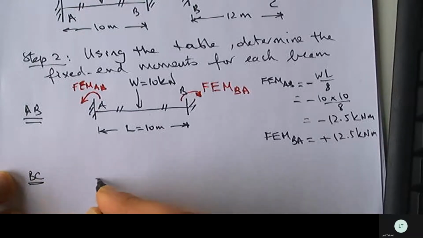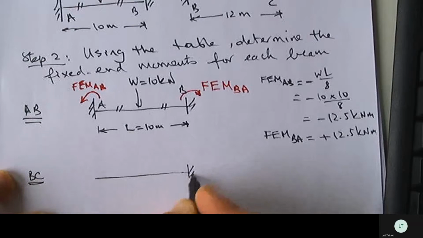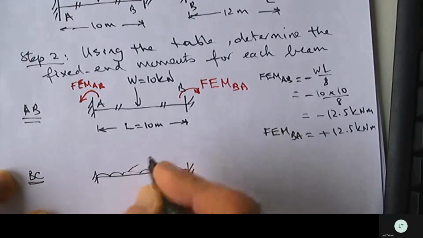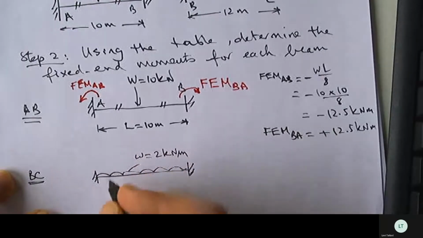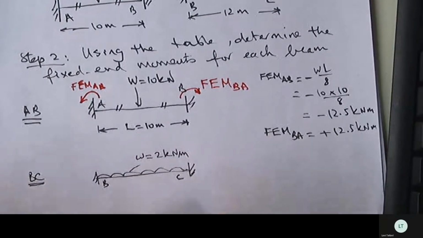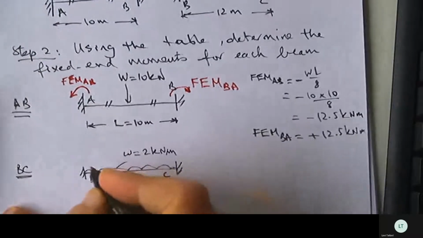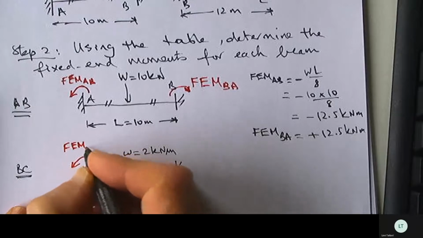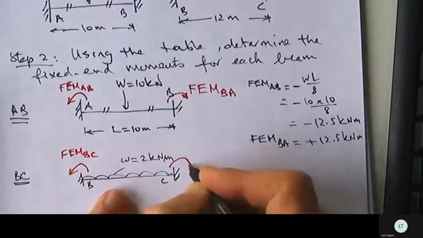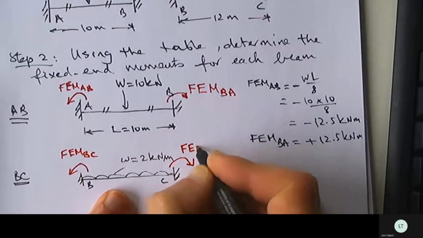Remember BC, this time we have BC like this, fixed, and we have W is 2 kilonewtons per meter. So we have a fixed end moment at B, BC, and CB.